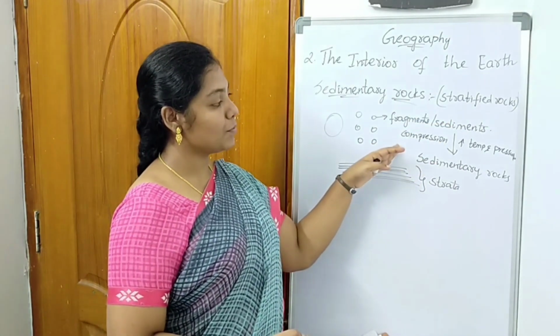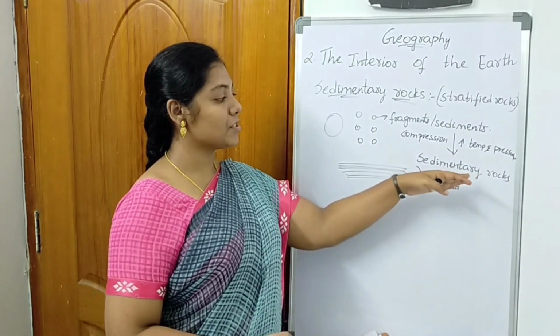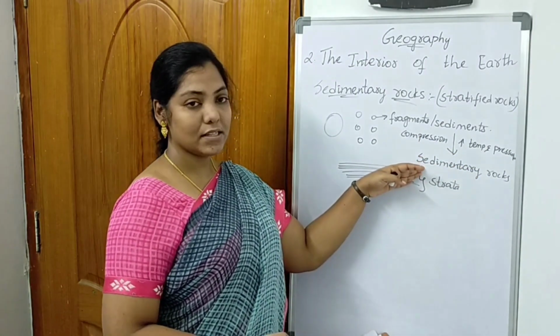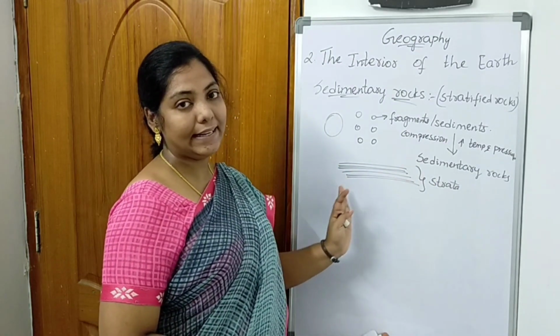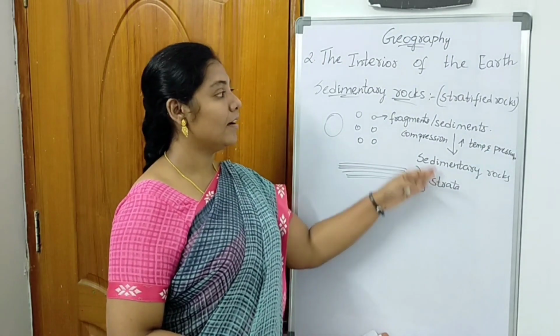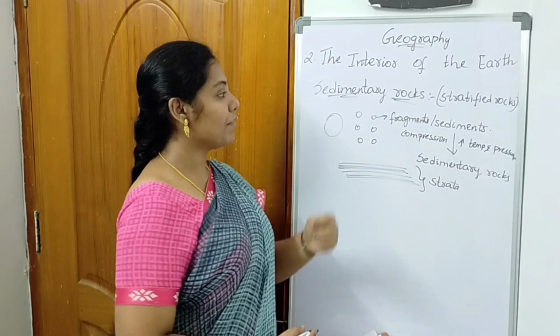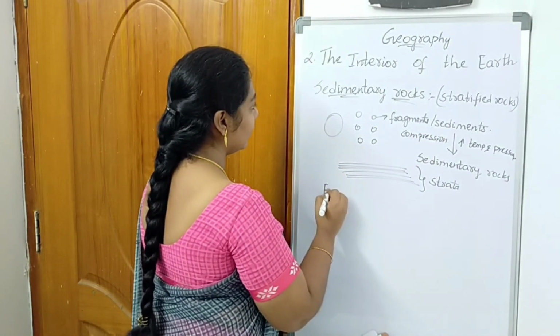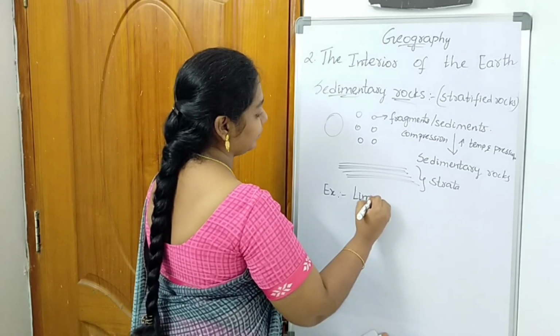When they are compressed under high temperature and pressure, they become hard, thus forming sedimentary rocks. These sedimentary rocks are in layers, called strata, so they are also named stratified rocks. An example of sedimentary rock is limestone.